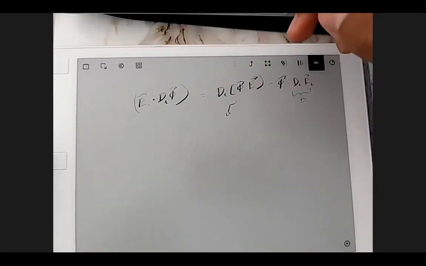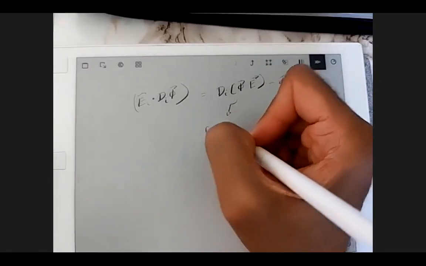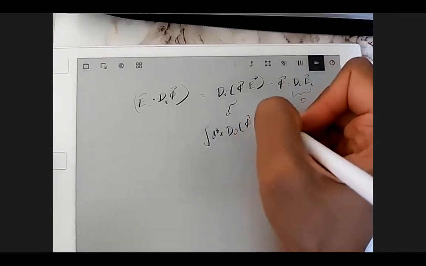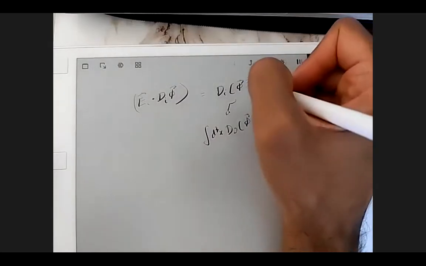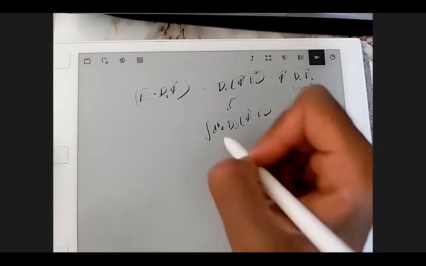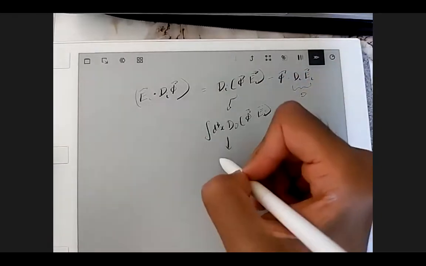So you see this is what you're integrating, phi dot E. This still has an index i. And then once I use Stokes' theorem, well, before I do that, I split this up.